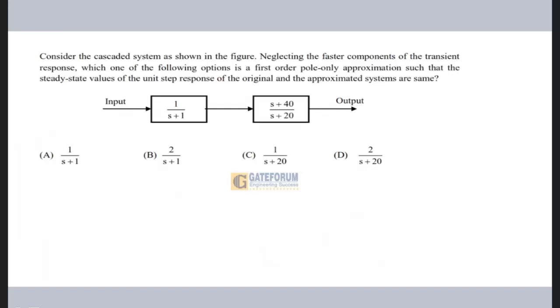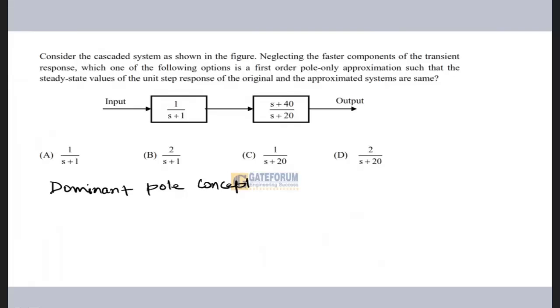So this part is based on the dominant pole concept. I told you that this particular concept is used for reducing a higher order system into the corresponding lower order system.